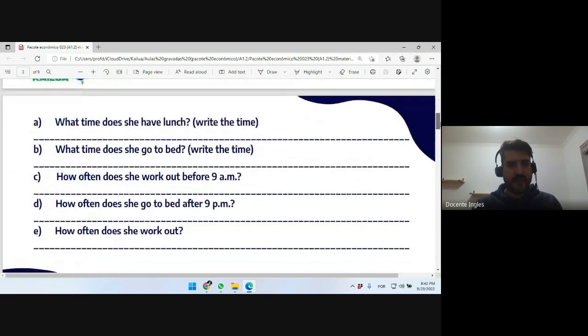The questions we have. What time does she have lunch? Write the time. Então, aqui é para vocês escreverem por extenso o horário. What time does she go to bed? Write the time. How often does she work out before 9 a.m.? How often does she go to bed after 9 p.m.? How often does she work out?